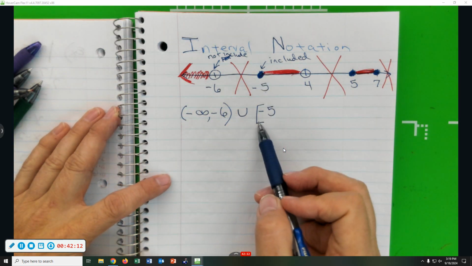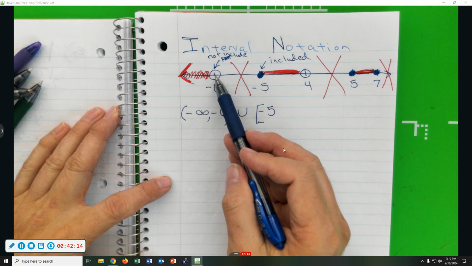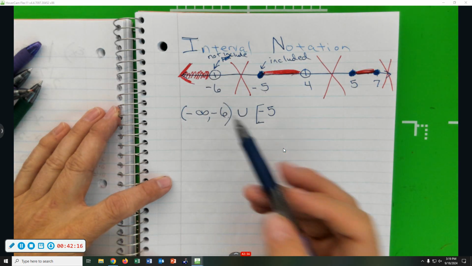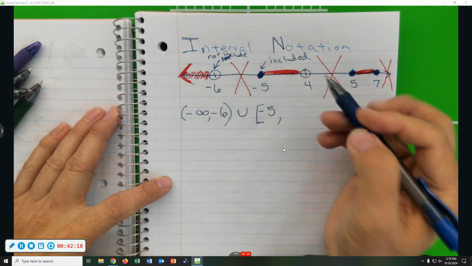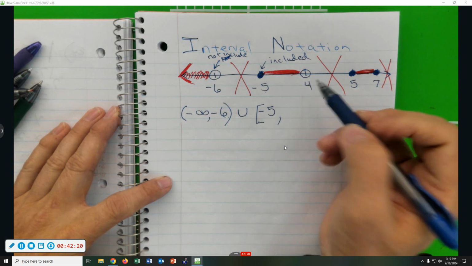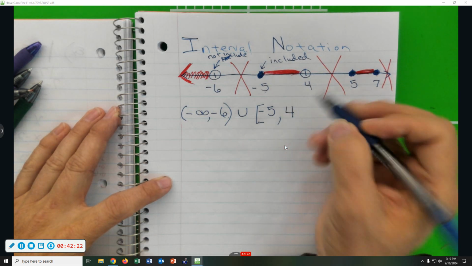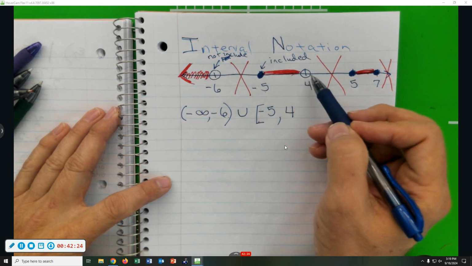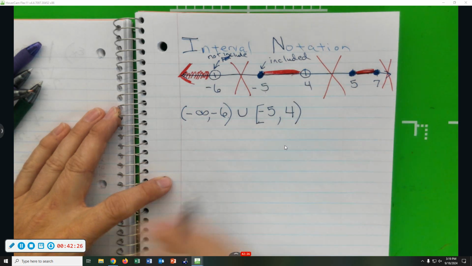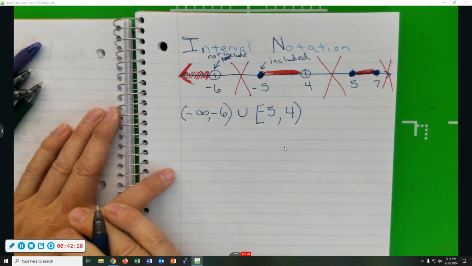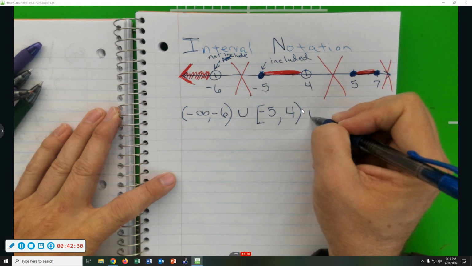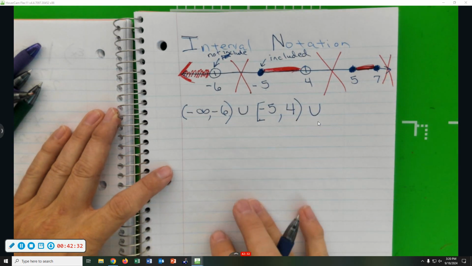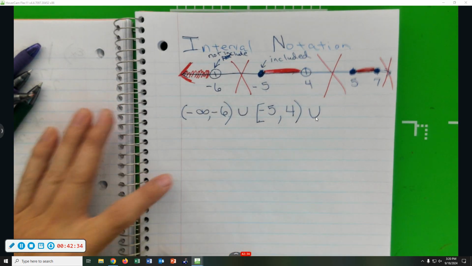Closed circles have rectangular brackets. Open circles have parentheses, comma. The right-hand endpoint is 4. It's not shaded in, so you're going to put a parenthesis. Then another one of those unions that'll come from the toolbar.